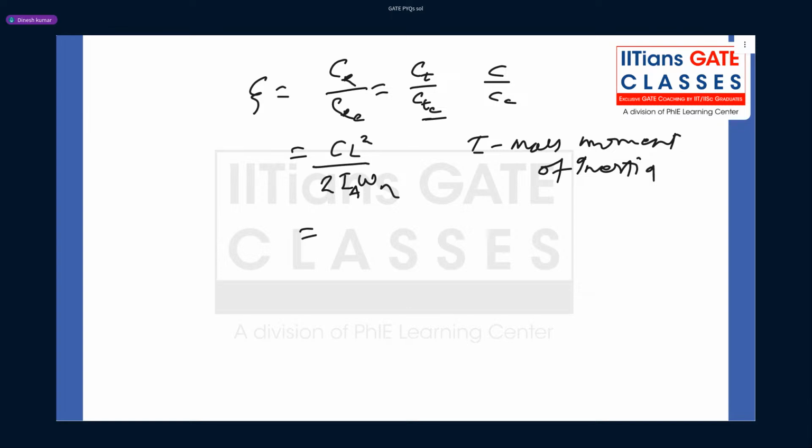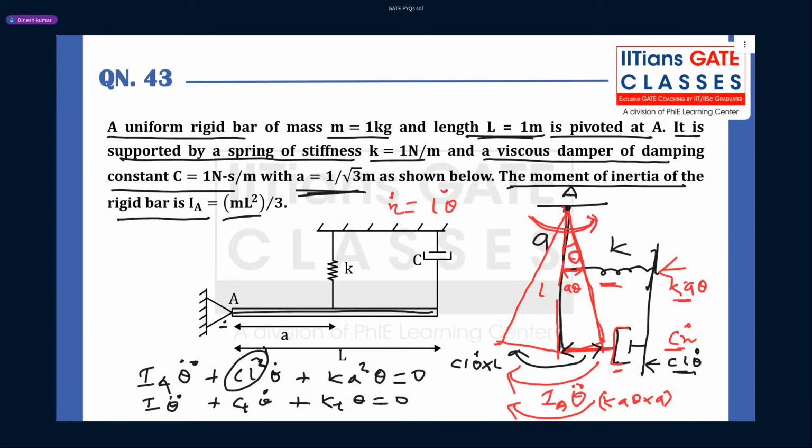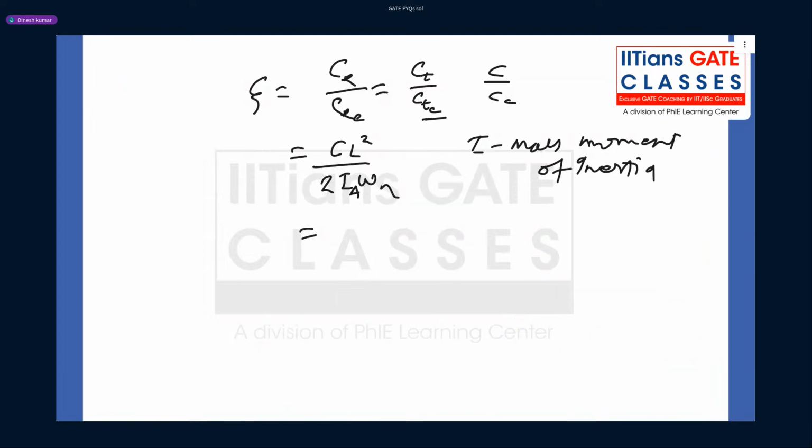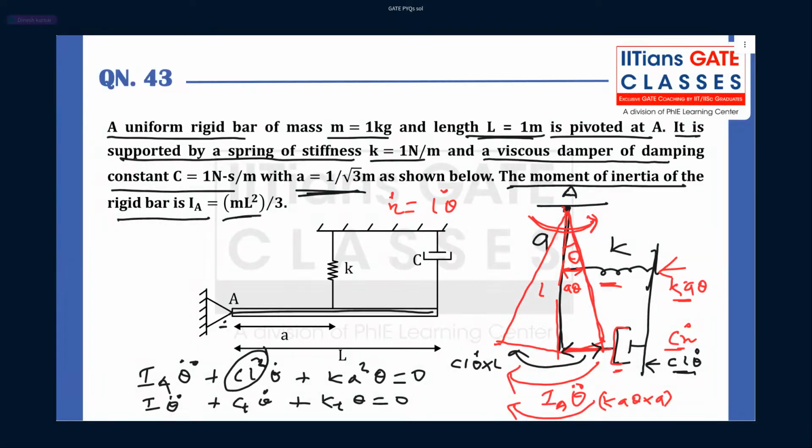Now guys, in this problem, C is given. C is 1 Newton second per meter. L is also 1, so it is 1 into 1 square. Now, what is the I value? I is given as ML square by 3, not ML cube.